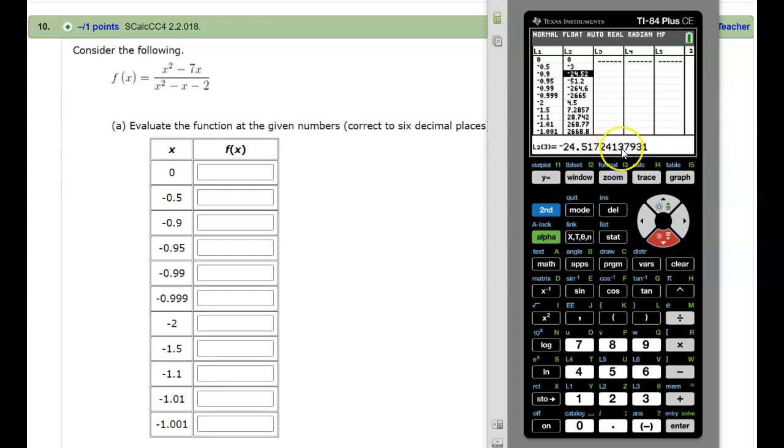If the 7th decimal is 5 or bigger, we're going to round up. Otherwise, we just get rid of the stuff back behind. And this one isn't, so we just get rid of the stuff. So we'll write -24.517241. If you're having issues with rounding, please talk with me at my office hours, and we can get that cleared up. It might be that you were taught incorrect rounding in high school.